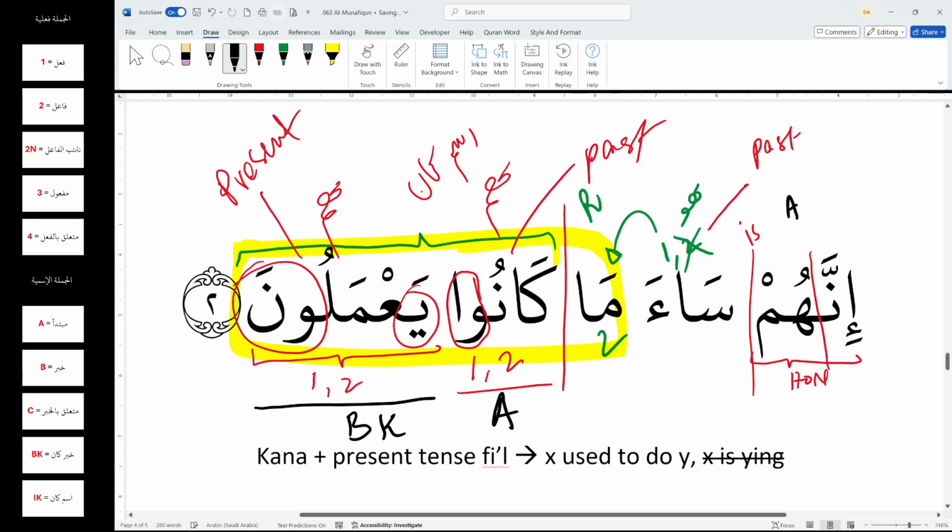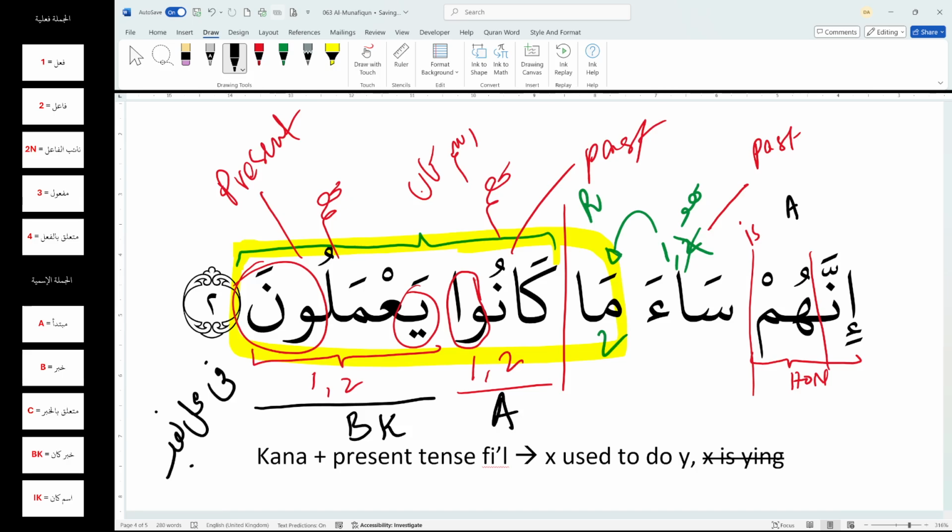Fi mahalli nasab. Now this is a complex point. Why nasab? Because the khabar of kana is always nasab. I repeat again, the khabar of kana is always nasab. And if you want to learn about kana, go take the class, and then you will inshallah understand this.